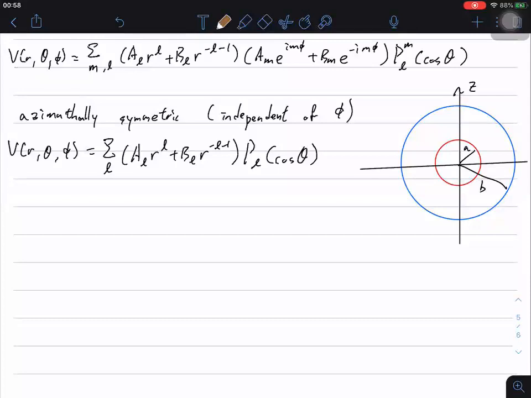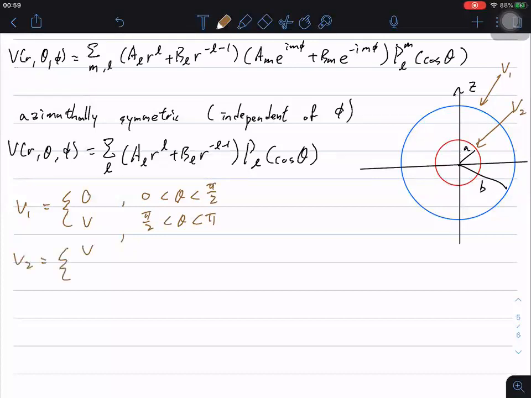And we are also given two boundary conditions, one on the outer sphere, which I call V1. V1 is given by 0 on the upper hemisphere, and a constant V on the lower hemisphere. And I call the boundary condition at the inner sphere V2.